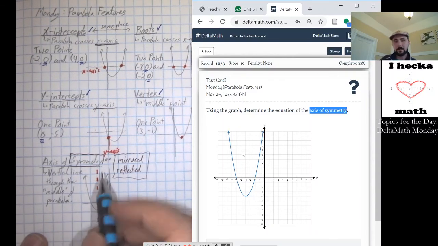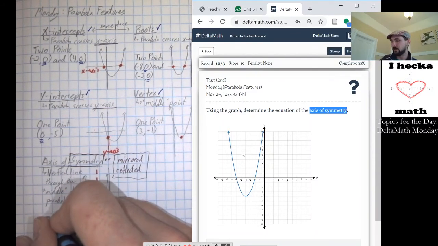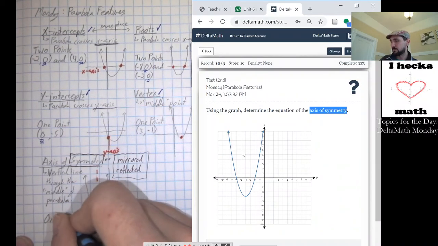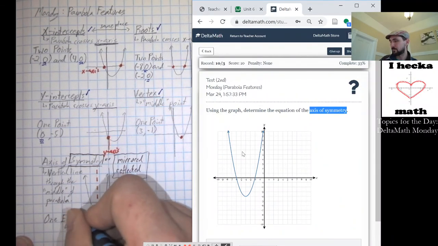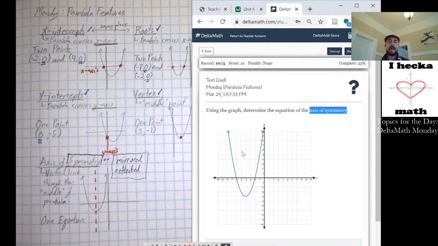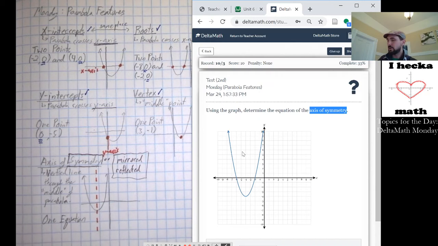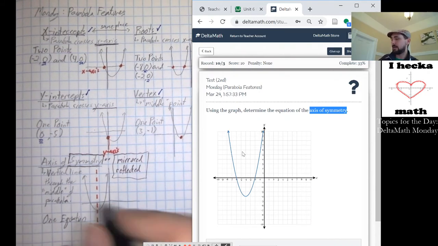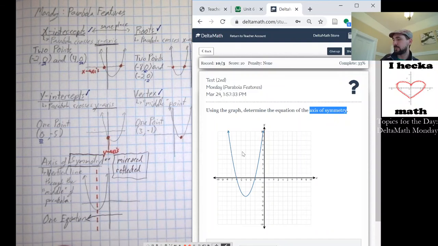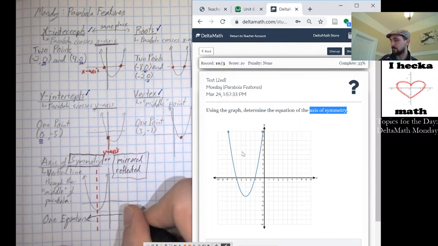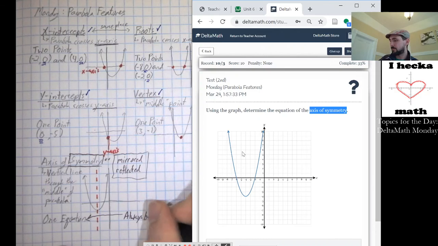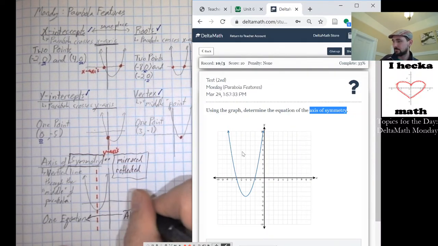So when we write the axis of symmetry, it's always going to be an equation. And it's an equation because that axis of symmetry is going to be whatever x is equal to. So let me put that over here as well. For the axis of symmetry, it will always be x equal to something. Always x equal to something.